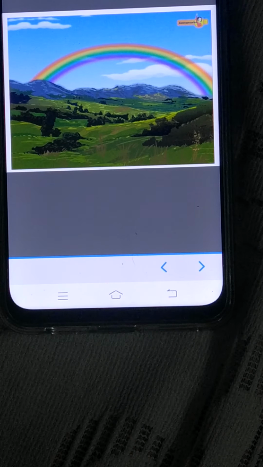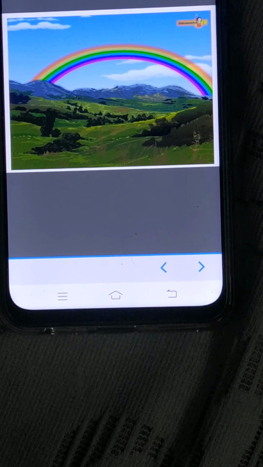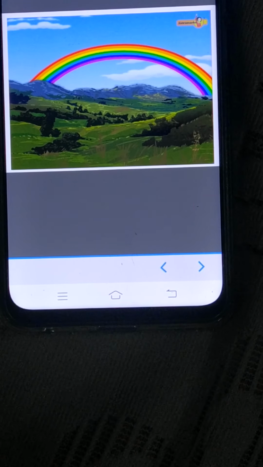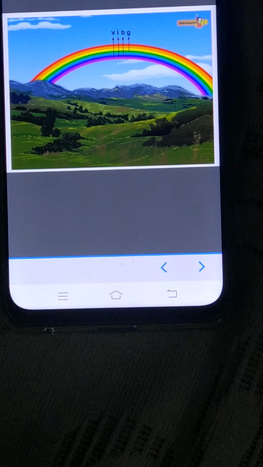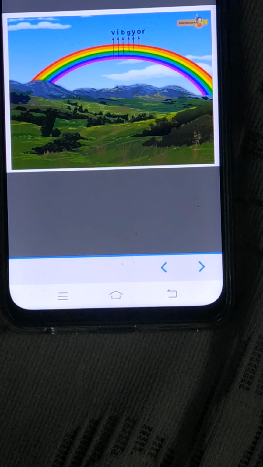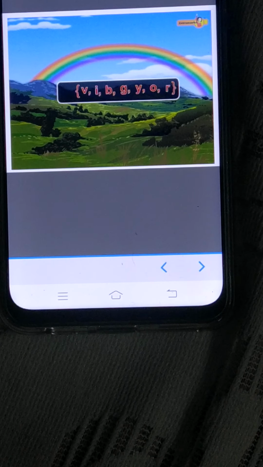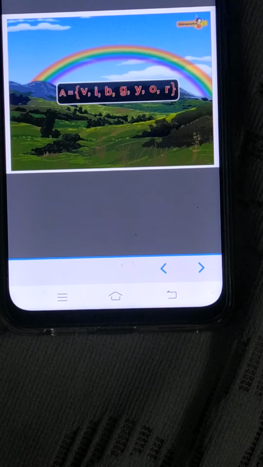Yes, we see violet, indigo, blue, green, yellow, orange, and red colors in this rainbow. Let us denote these 7 colors by V, I, B, G, Y, O, and R respectively. Now, arrange these colors in a curly bracket separated by commas. Let us denote this by set A.